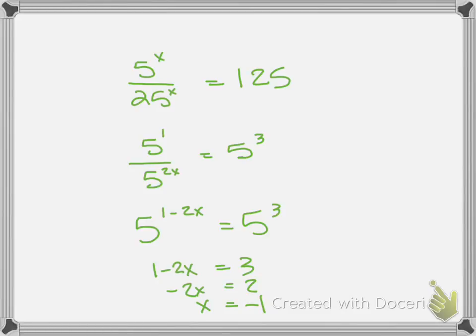So now I have 1 minus 2x is equal to 3, negative 2x is equal to 2, x is equal to negative 1. Okay? So it's just amazing. I just think that these just take something that looks really, really difficult, and just by using a few little tricks, it makes it doable.